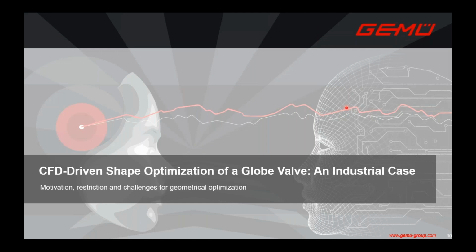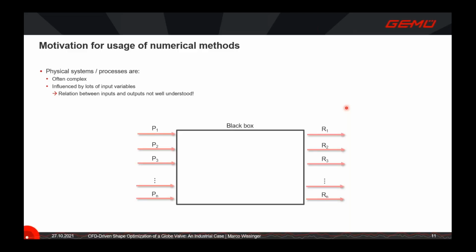At the end of my presentation, I want to give you the motivation why we're using CFD-driven shape optimization, what the restrictions are at the moment, and which challenges we're facing every day in our daily work. So I want to start like this.